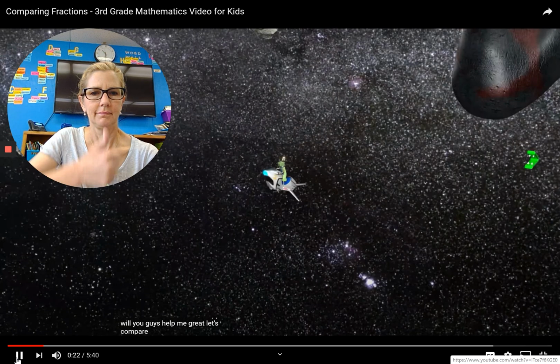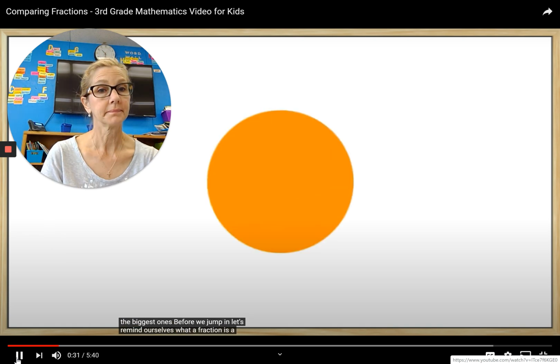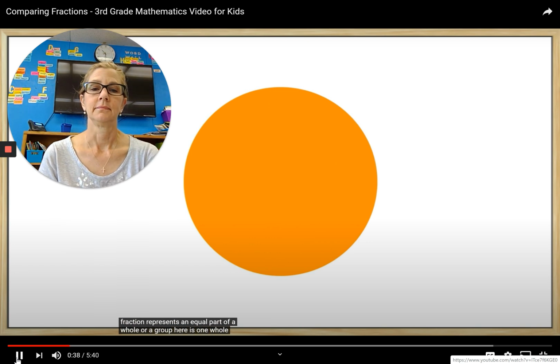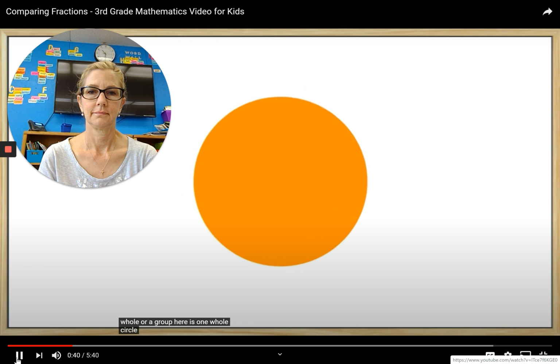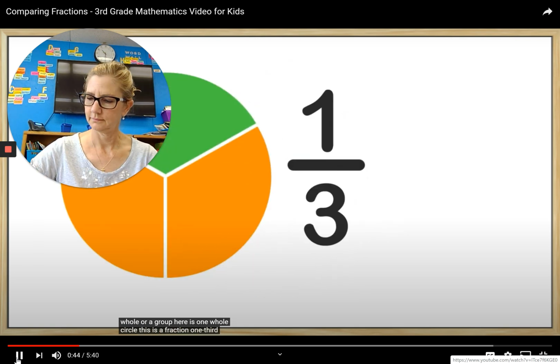Before we jump in, let's remind ourselves what a fraction is. A fraction represents an equal part of a whole or a group. Here is one whole circle. This is a fraction, 1/3. The 3, or bottom number in a fraction, is called the denominator.